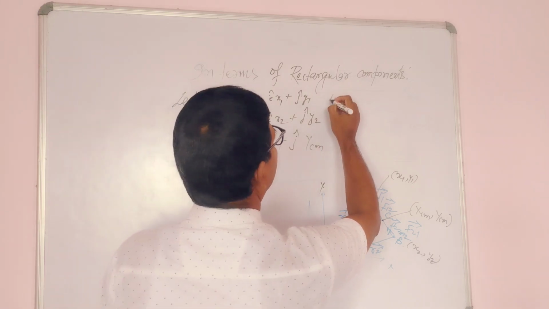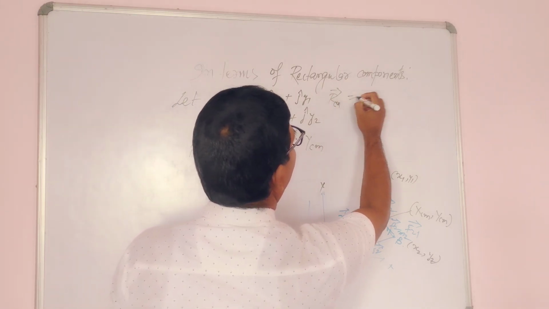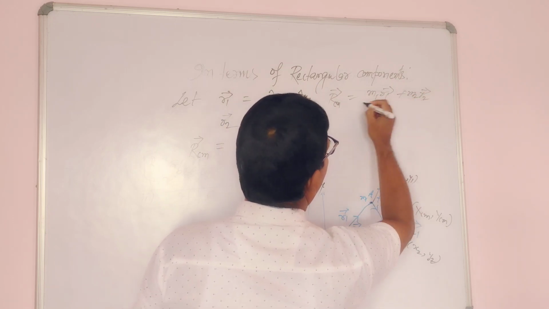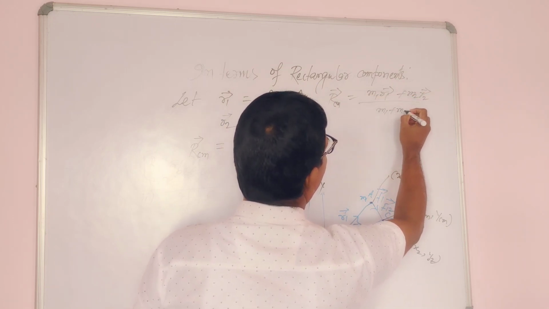In that equation, RCM is (m1 r1 plus m2 r2) divided by (m1 plus m2). Clear?